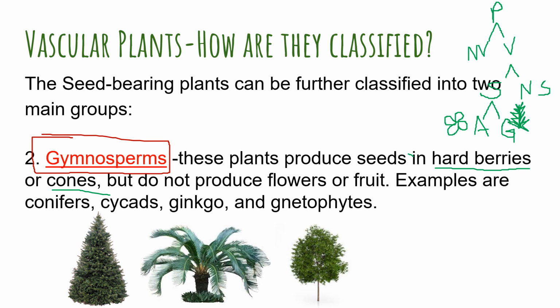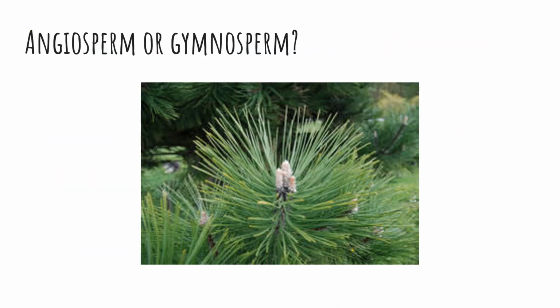So to figure out whether or not the plant is an angiosperm or a gymnosperm, you have to look at what is produced. So in this case, is this an angiosperm or a gymnosperm? Well, there are a couple clues. First of all, we see in the middle here, let me get a different color, you can see in the middle here, these are actually baby pine cones, okay, which will eventually grow into a mature adult pine cone.